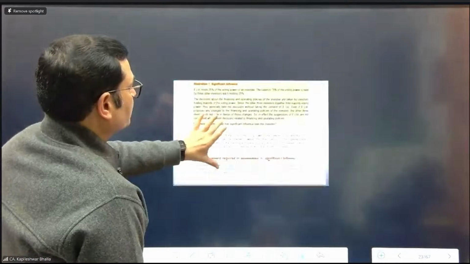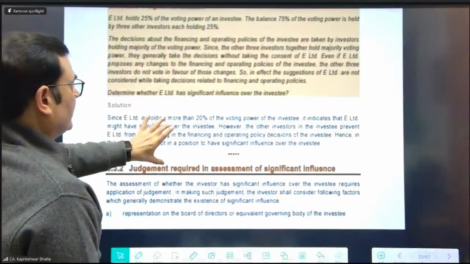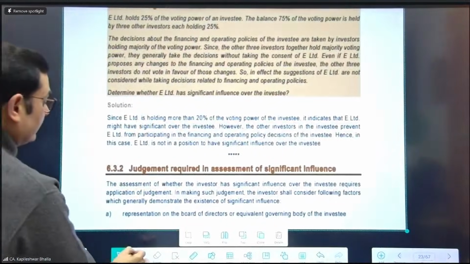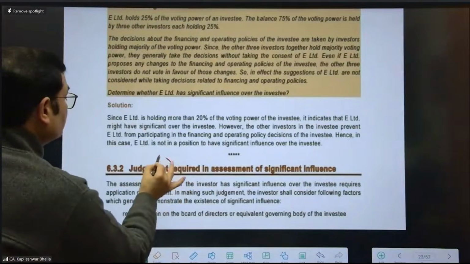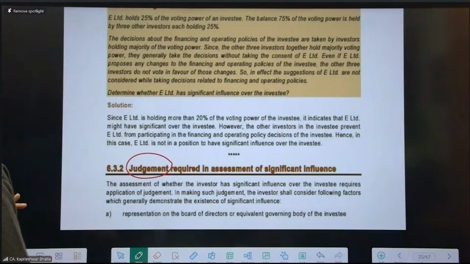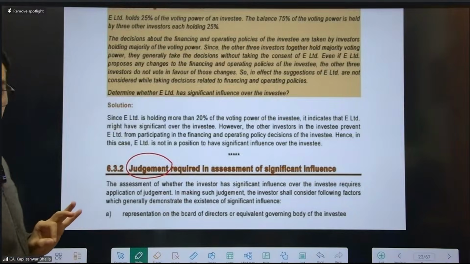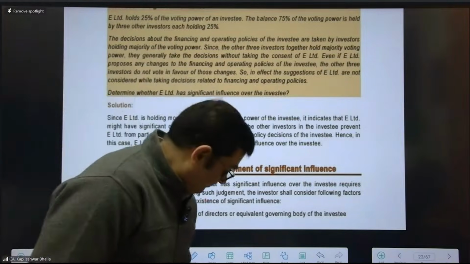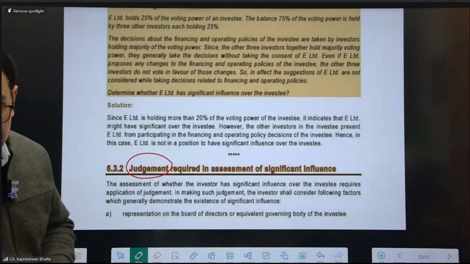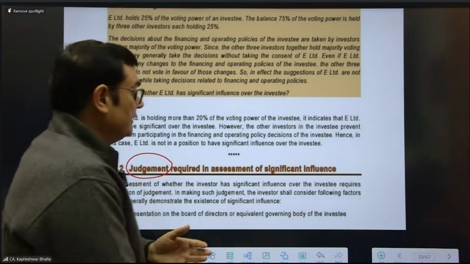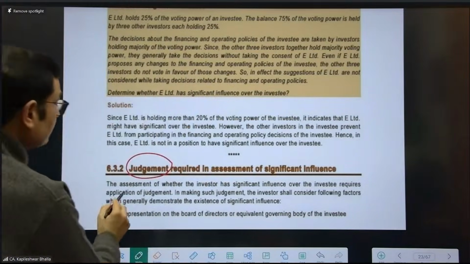We'll look at the illustration later, but first I want to see the principle-based assessment. So I need to see the judgment, the principle required to make an assessment of significant influence. The standard has given us a couple of parameters where we can see when we get a significant influence. Now let's read.